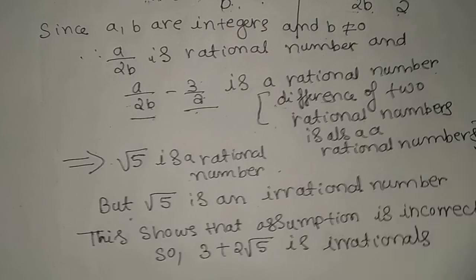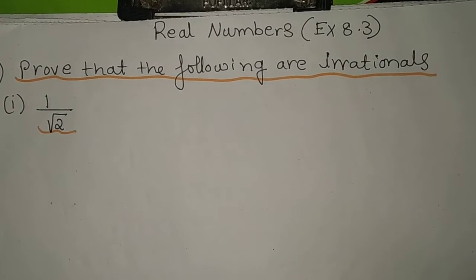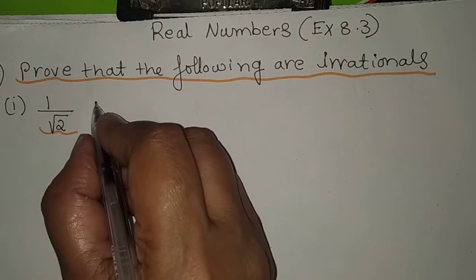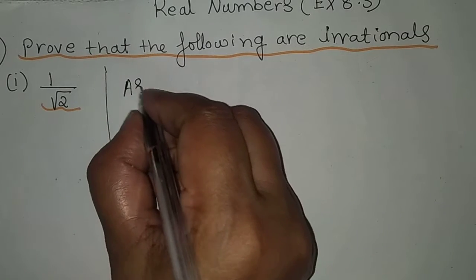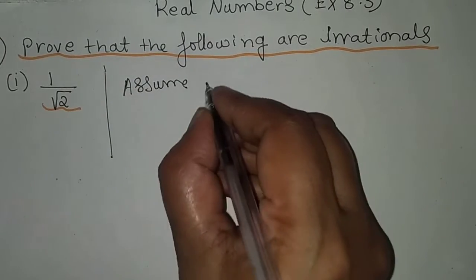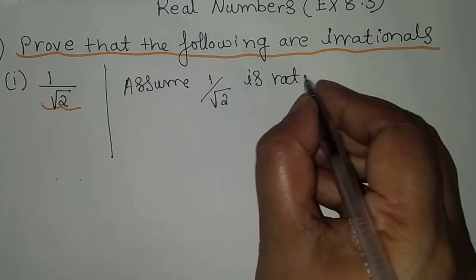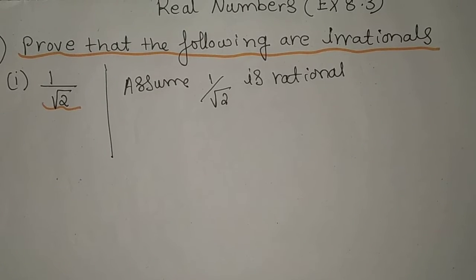So we move on to the third one. In the third problem, prove the following are irrational. Here the first problem we'll take is 1 by root 2. The first step is assumption. Assume 1 by root 2 is rational, as we know that root 2 is irrational.